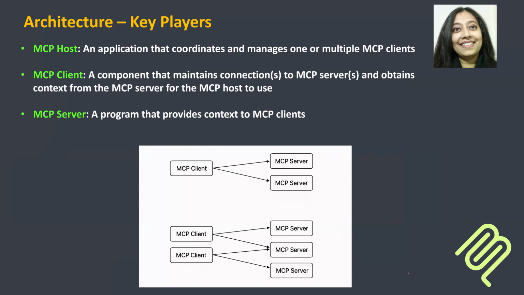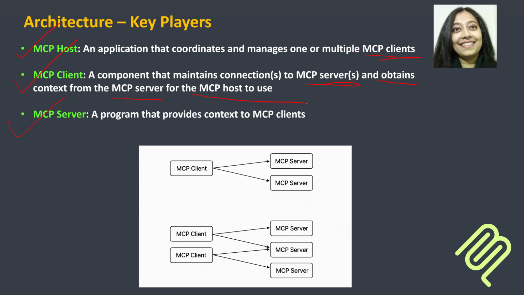So let's deep dive into MCP's architecture. Who are the key players for MCP's architecture? You have an MCP host, an MCP client, and an MCP server. An MCP host is typically an AI application that coordinates and manages one or multiple MCP clients. You also have an MCP client, which is a component that manages connections to MCP servers and obtains context from the MCP server for the MCP host to use.